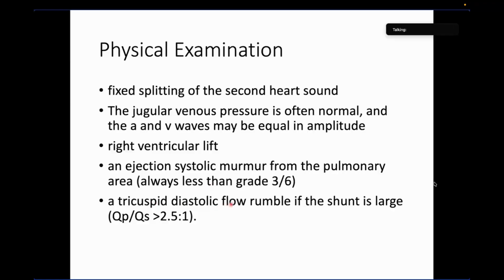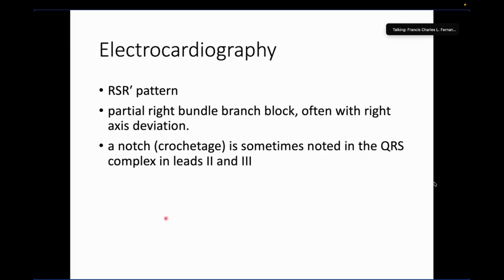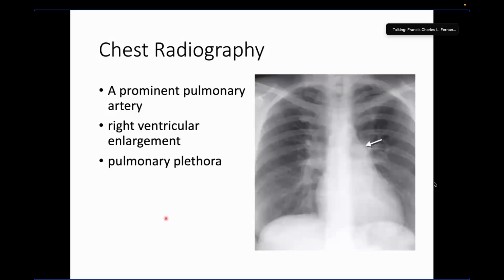Now, if the shunt is large, QP:QS of more than 2.5, yeah, there's a tricuspid diastolic flow rumble. So pag nagbukas yung tricuspid valve, no, there is a flow rumble. Okay. So echo, of course, you have the RVH, and then rSR' complex in V1, and V2 and 3.